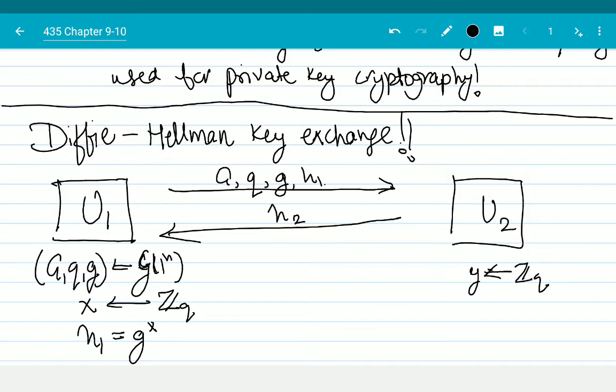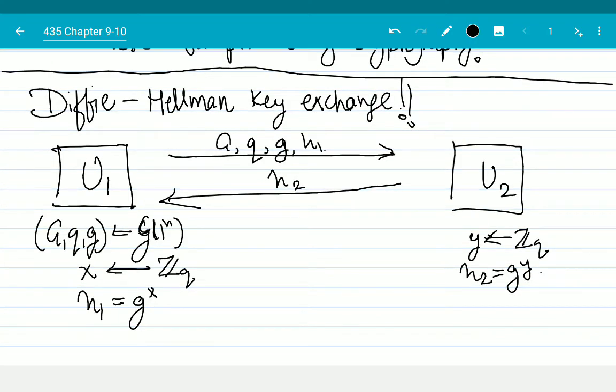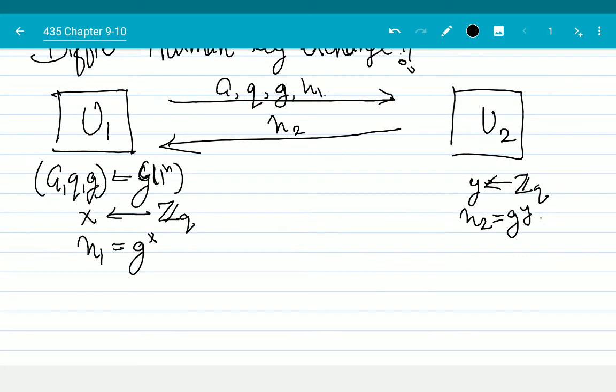They have seen what the size q is, so they take a uniform y in Zq, and they take h2 equal to g to the y. They send h2. So what is the key? U1 calculates key K1 by h2 to the power x. U2 calculates key K2 by h1 to the power y.